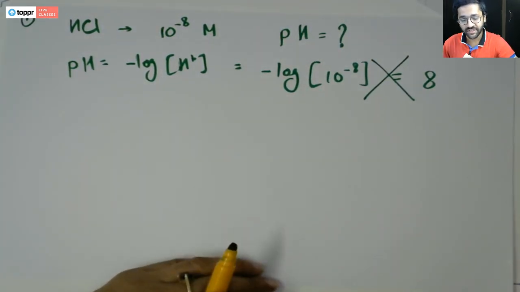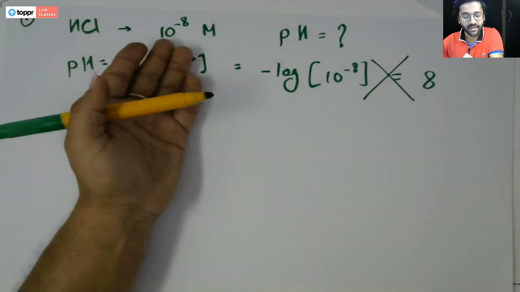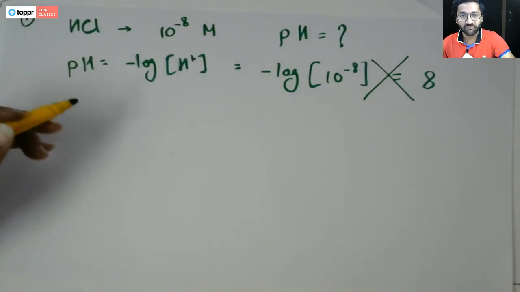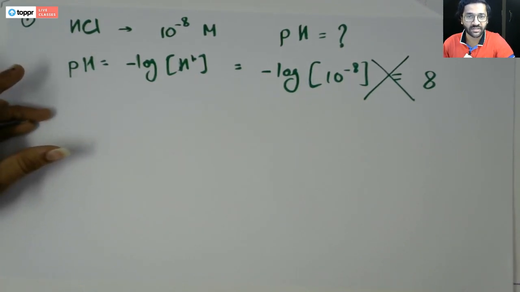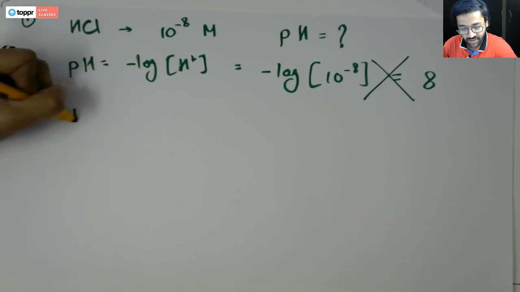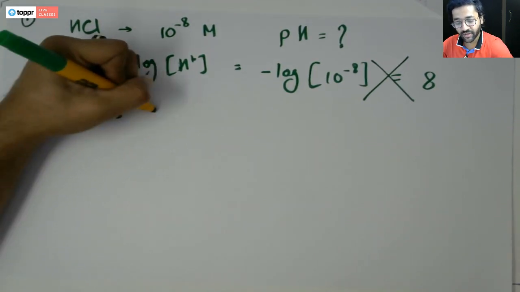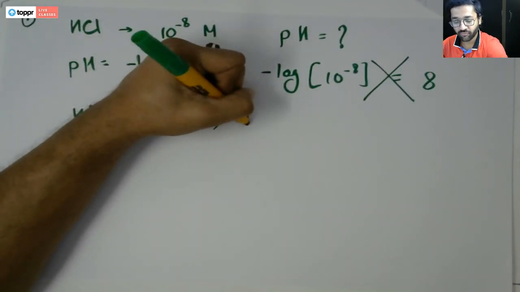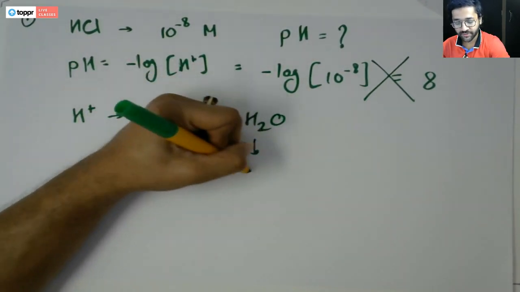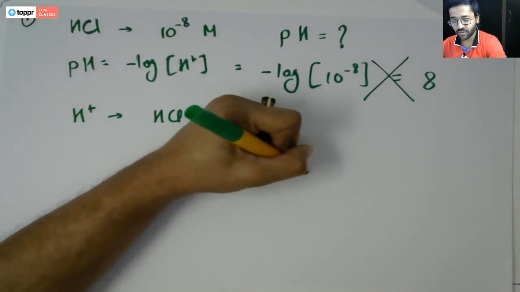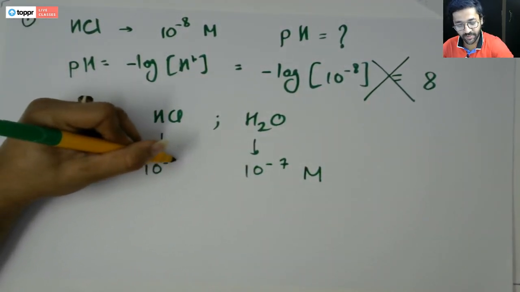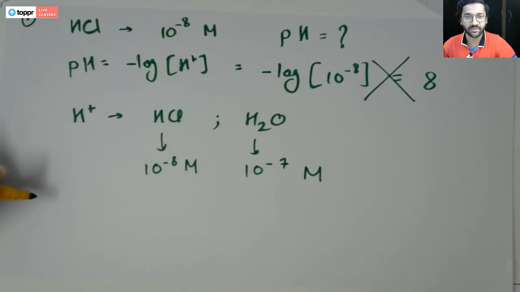What we have to understand here is that HCl in the concentration of 10 to the power minus 8 molar is a very low amount of H plus concentration. Hence we also have to consider the concentration of H plus coming from both HCl and water. What we know is that water produces 10 raised to the power minus 7 molar H plus, and from HCl we have 10 raised to the power minus 8 molar of H plus.